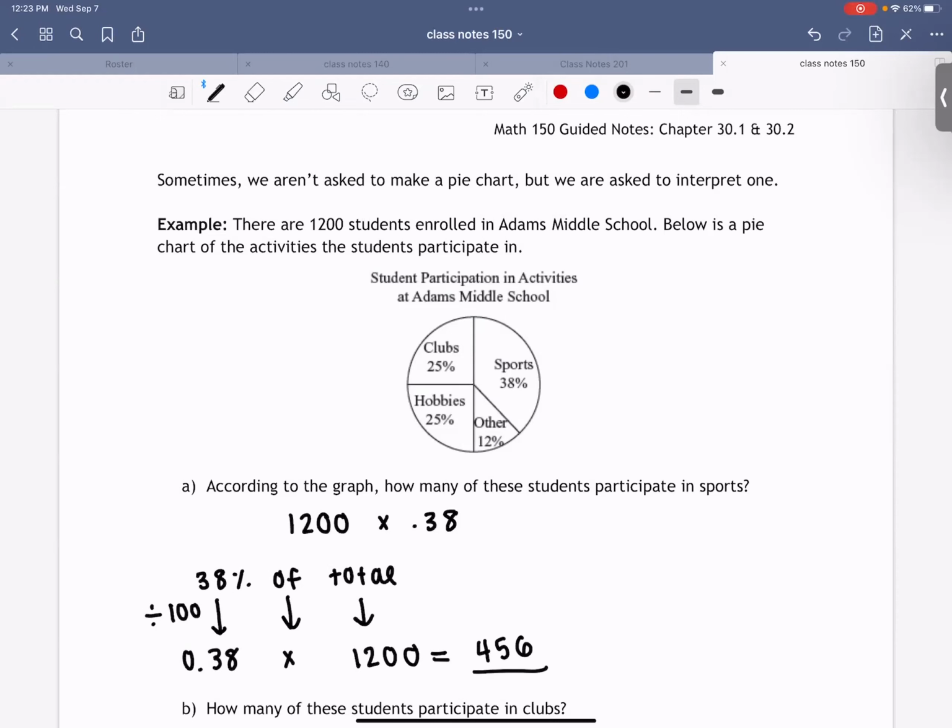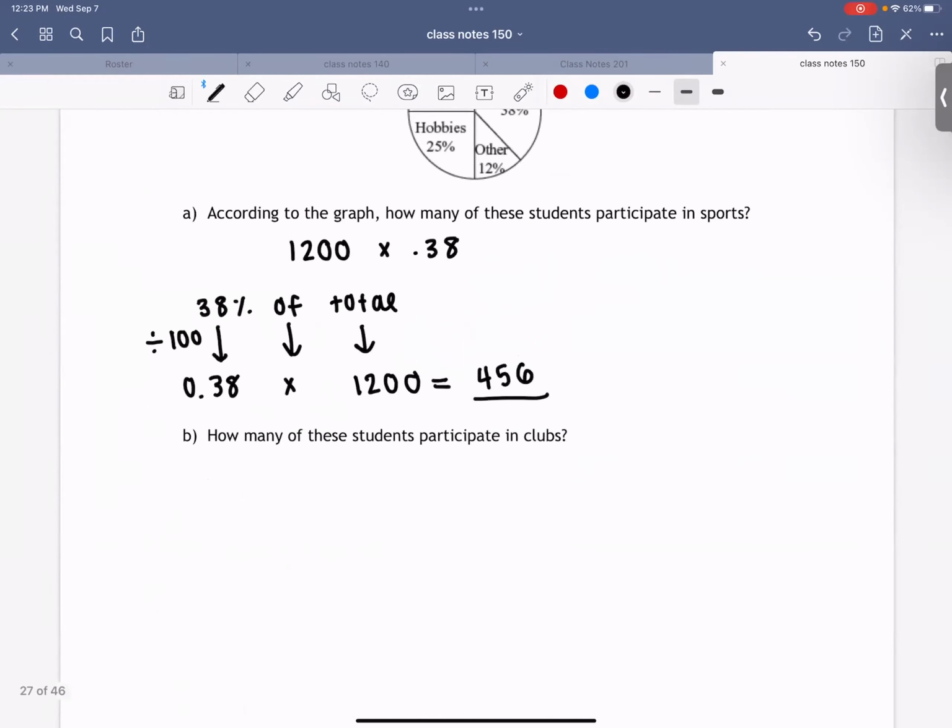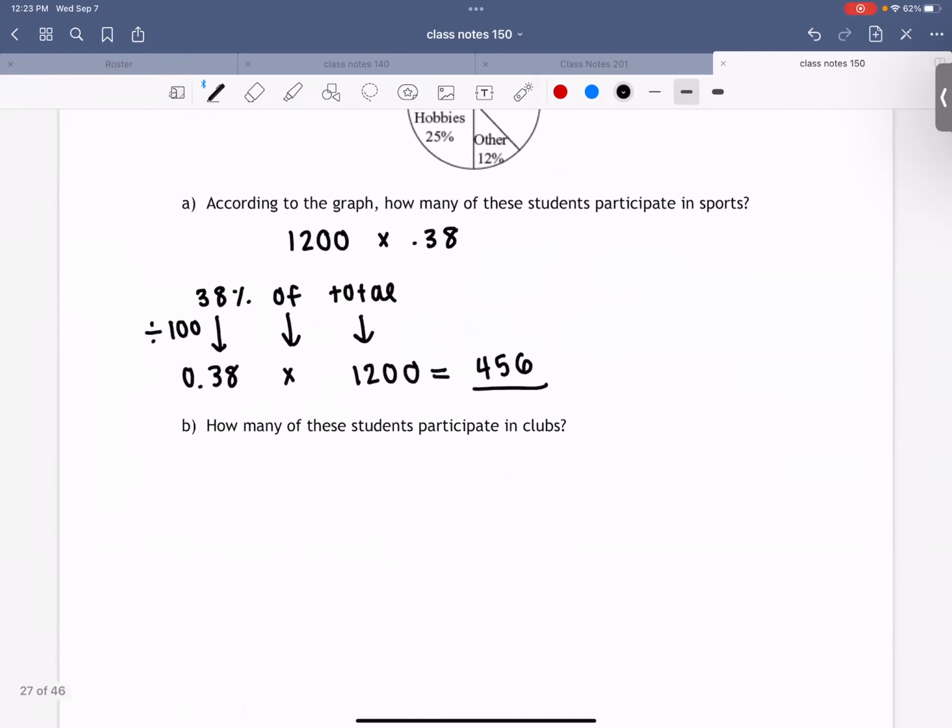All right, so any questions on part A? Good. Part B, let's do this really quickly. What would we multiply to get the students participating in clubs? 1,200 times 0.25, good.